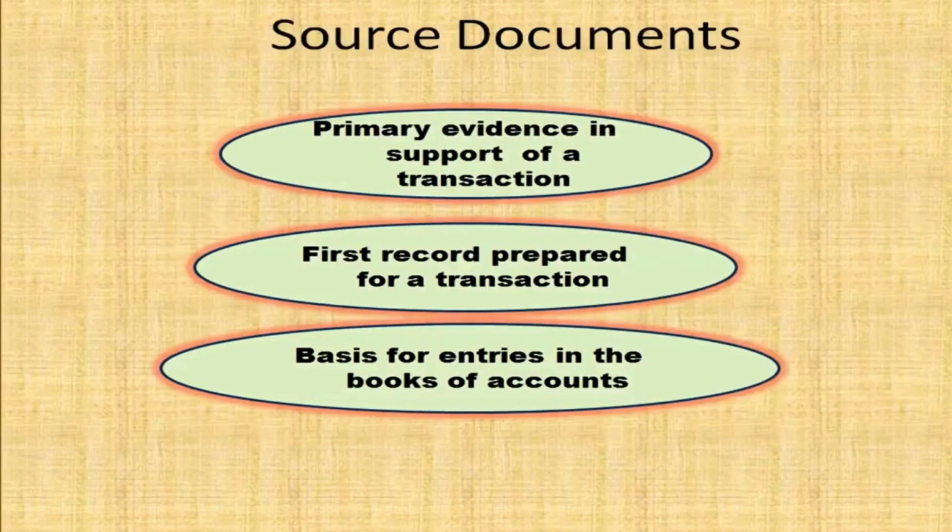A source document is the primary evidence in support of a transaction, and it is the first record prepared for a transaction. It is also the basis for entries in the books of account. Source documents like vouchers will be made for petty cash expenses.